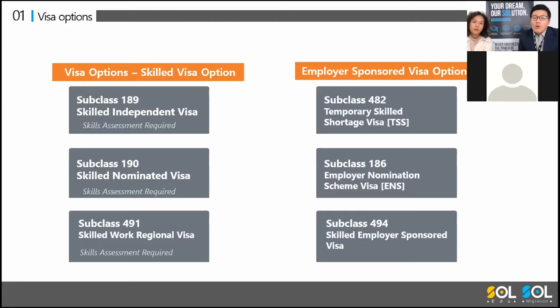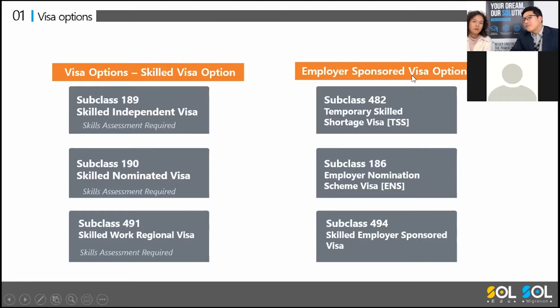I want you to remember at least the visa subclass. You don't need to remember the exact visa name, but if you understand the visa subclass, it might help you to simply understand and avoid confusion across each visa sector. Under the skilled visa group, there are 3 different visa subclasses that you can apply for. 189 and 190 are the permanent visa options, but 491 is a temporary visa option.